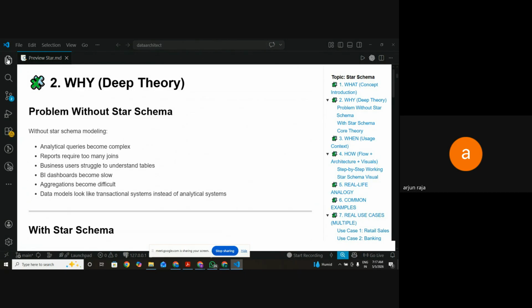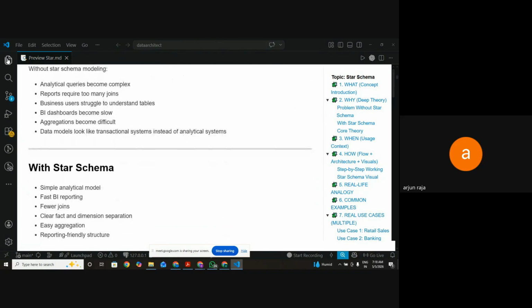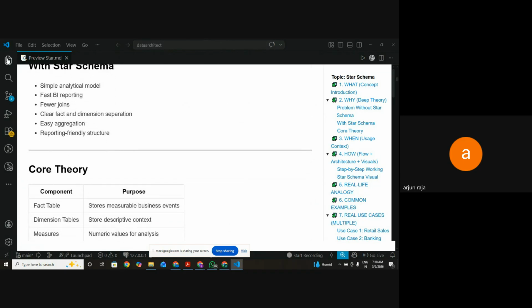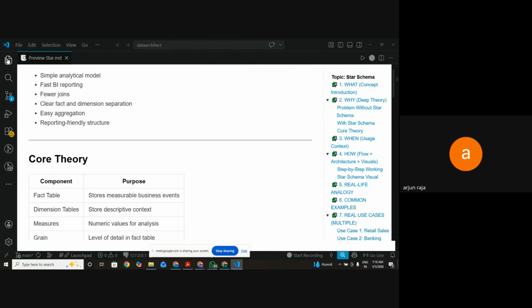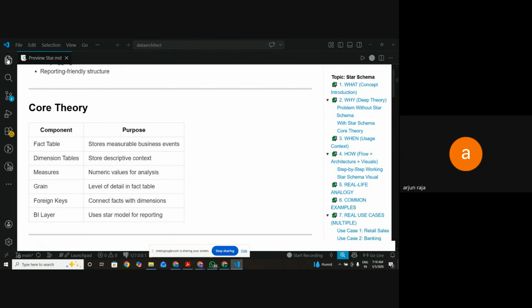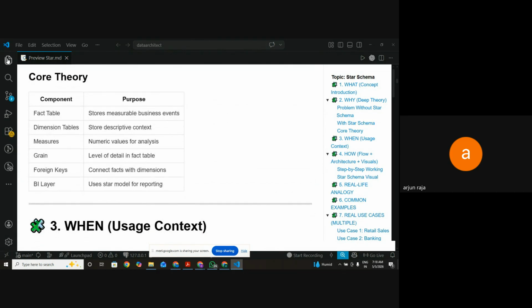BI dashboards become slower, aggregation becomes difficult, and the data model looks like a transactional system instead of an analytical system. With star schema: a simple analytical model, fast BI reporting, fewer joins, clear fact and dimension separation, easy aggregation, reporting-friendly structure. Whatever problems we are having, we are addressing here.